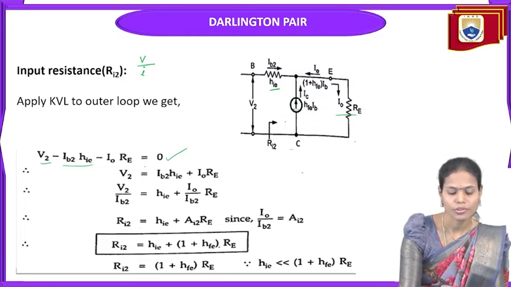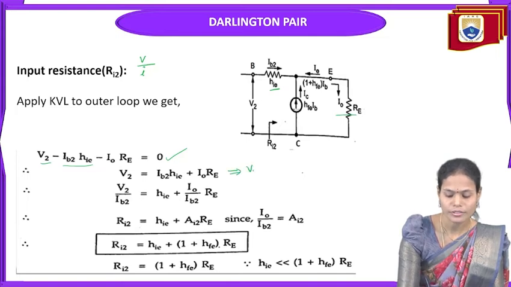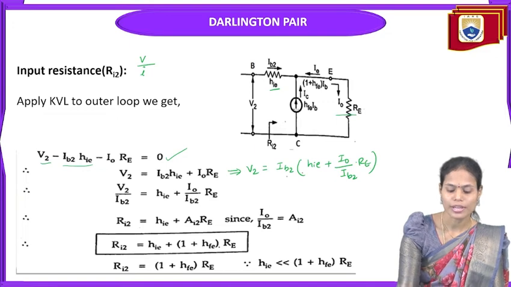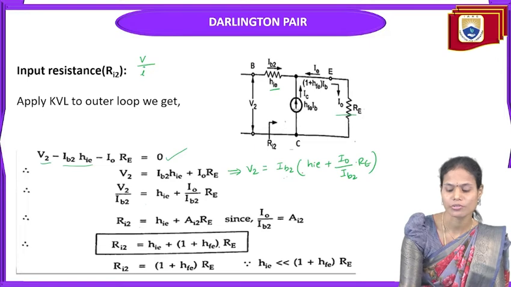From this, moving these terms to the right side, V2 equals IB2 into HIE plus I0 into RE. If we take IB2 common, we get V2 equal to IB2 into HIE plus I0 by IB2 into RE. Taking IB2 to the left side, V2 by IB2 is equal to HIE plus I0 by IB2 into RE.